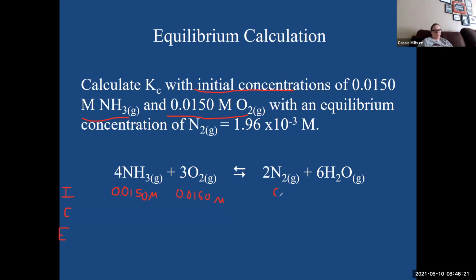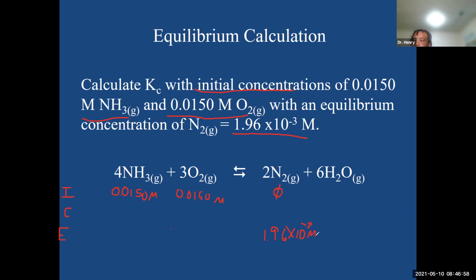So under your N2, you would put the 1.96 in the E. It says with an equilibrium concentration of N2 at this value, so that's our equilibrium concentration for N2. So it's going to be 1.96 times 10 to the minus 3.